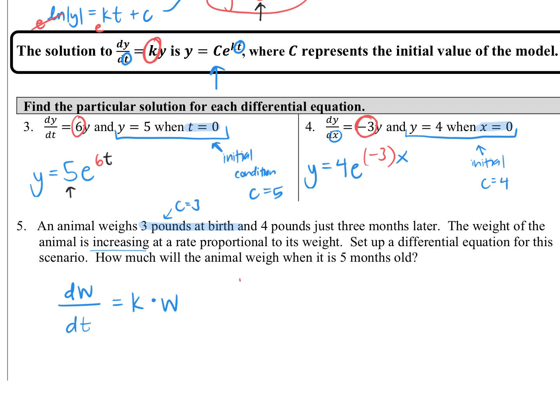So I've got w is equal to, I'm going to write c for a second first. So c e to the k, and then is my t going to stay the same? No. Well, for right now, our variable t is t, right? Yes. Now we're going to actually plug in some information because we know that at birth, the animal weighs 3 pounds. So I'm going to plug in 3 for c. So I've got w equals 3e to the kt.